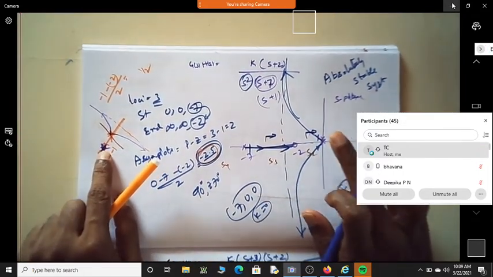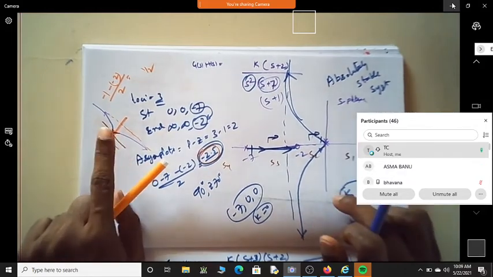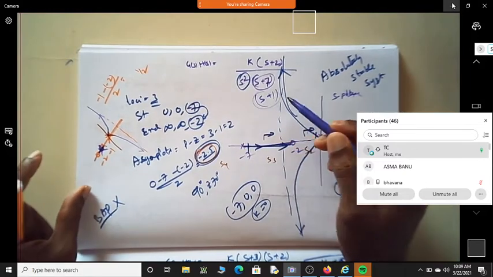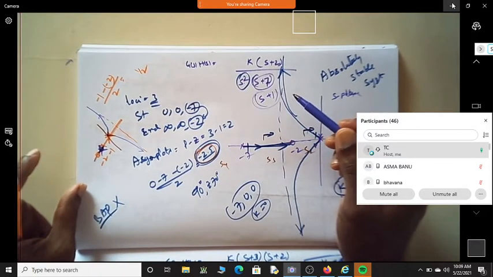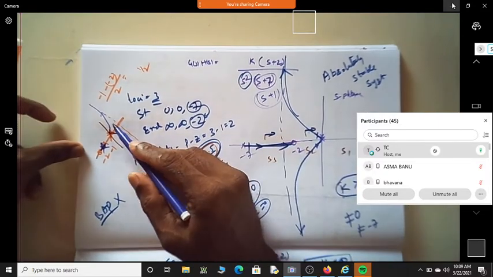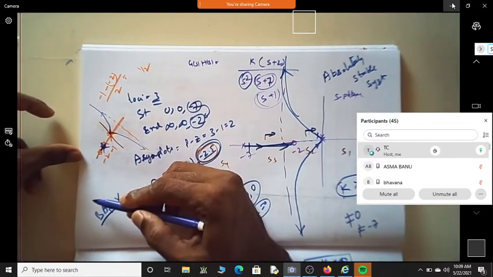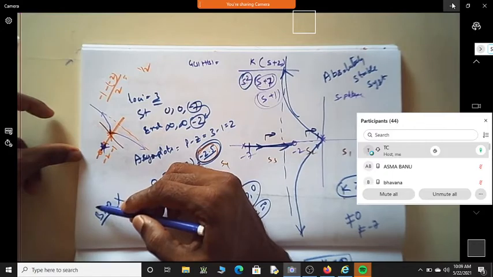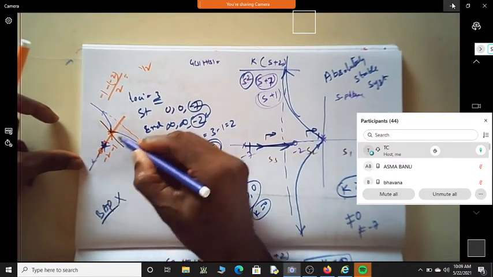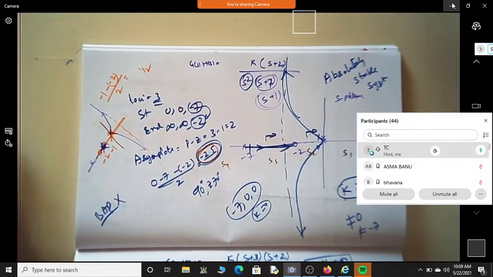The system was absolutely stable, the system has become absolutely unstable just because you have moved the pole from where to where? From 7 to 1. Now, how do I make this system stable again? Just move it such that your centroid is there on the left.